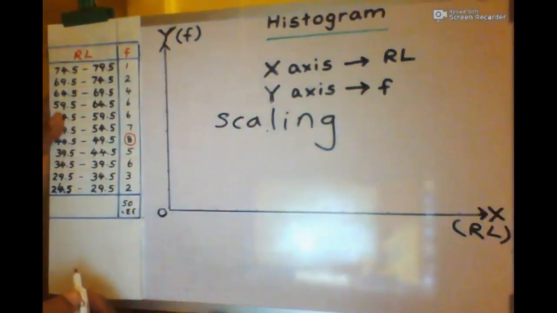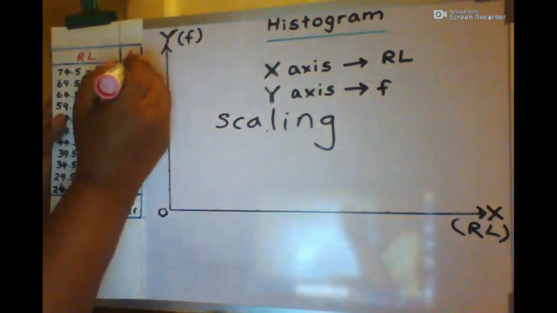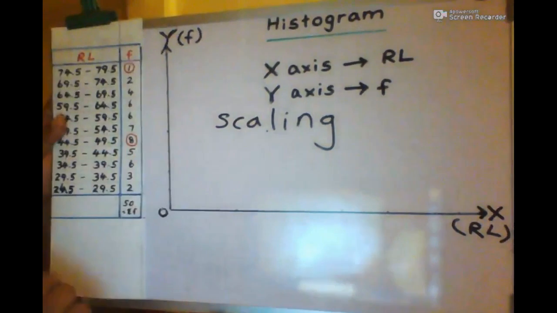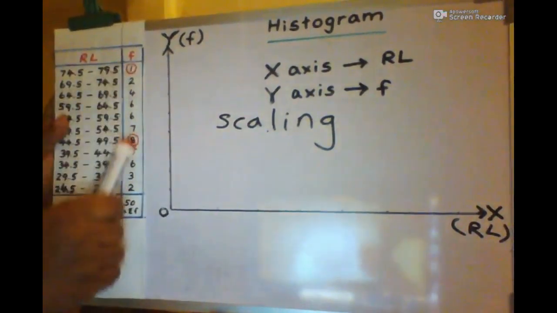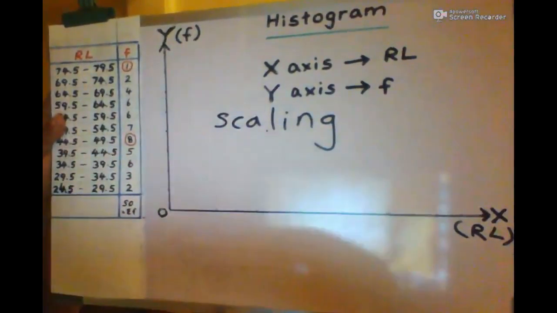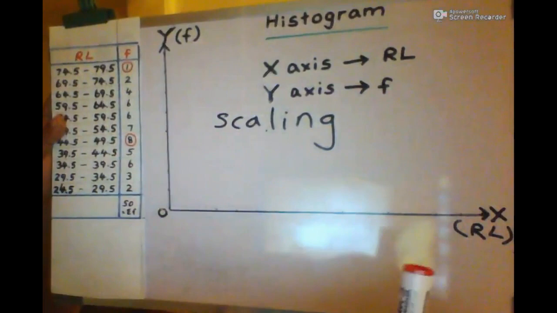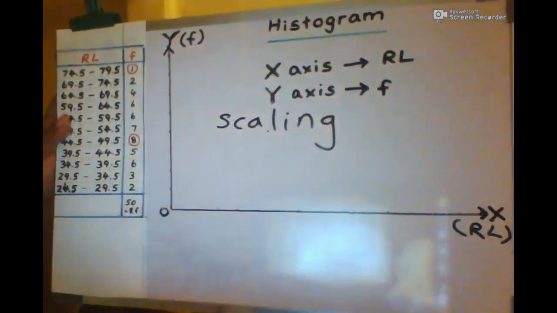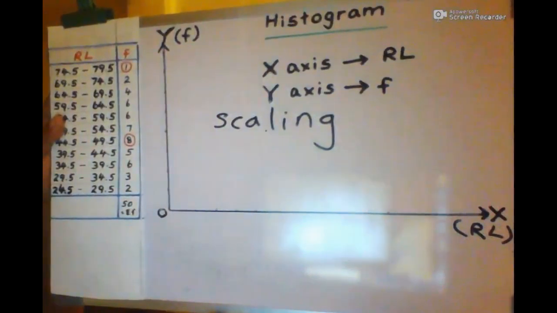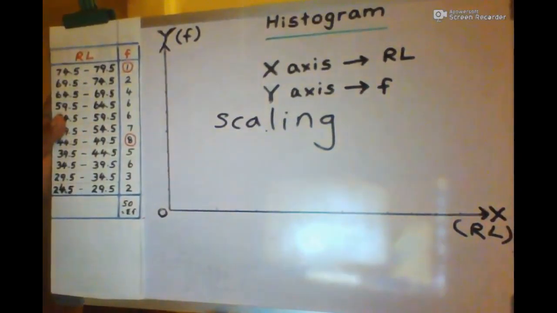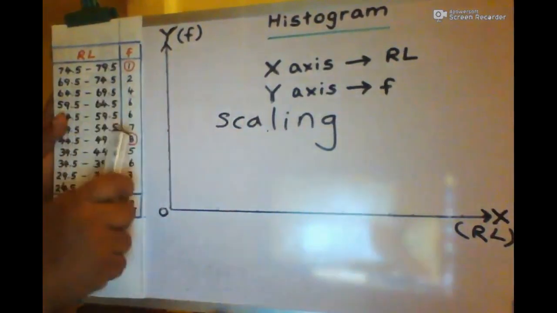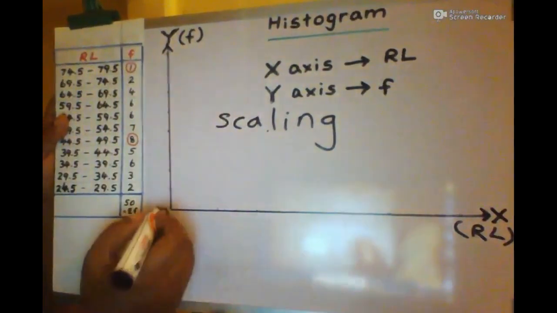What's the lowest one? 1. That means when scaling the y-axis, you will take values from 1 to 8. You can decide how to take the values: 1, 2, 3, 4, 5, 6 like that. If not, you can take 2, 4, 6, 8 or 5, 10, 15, 20 like that.